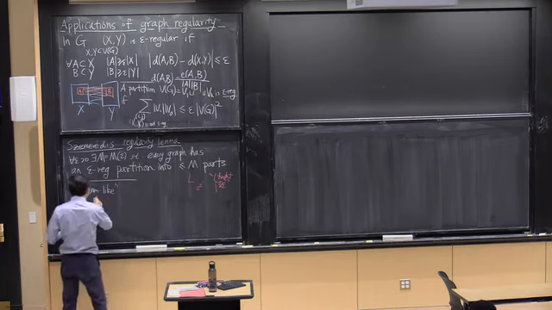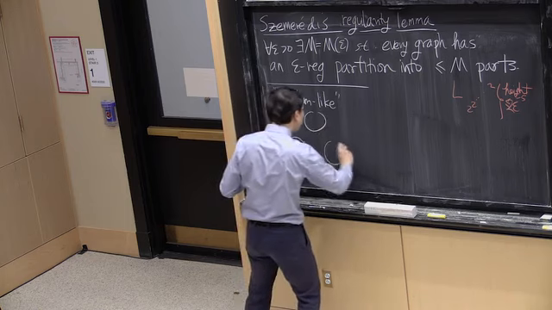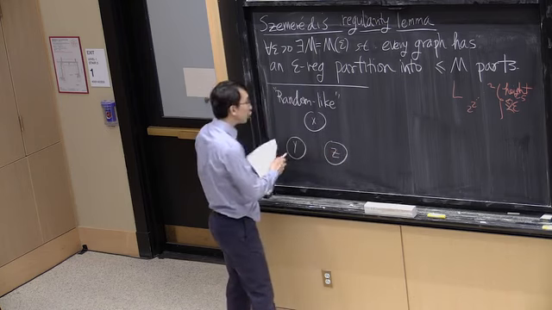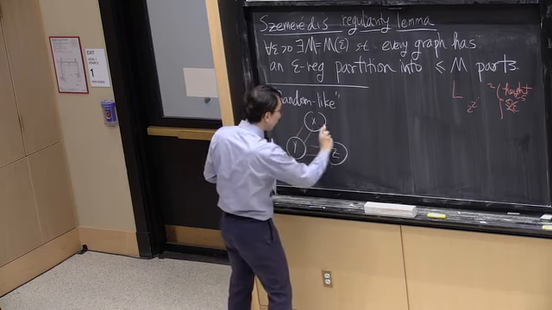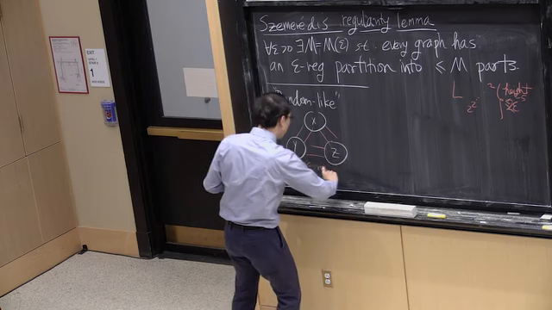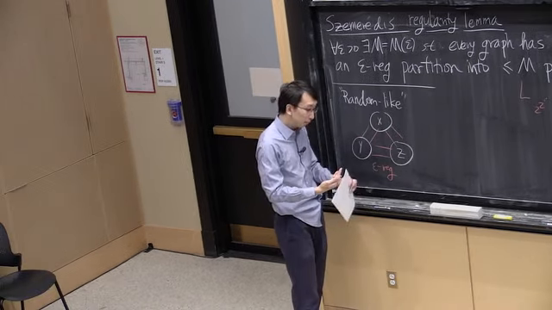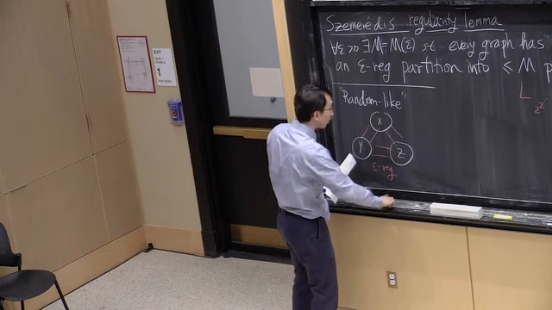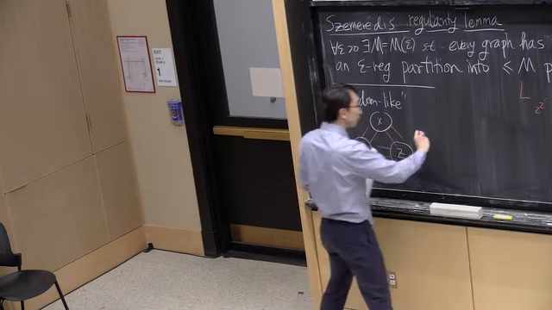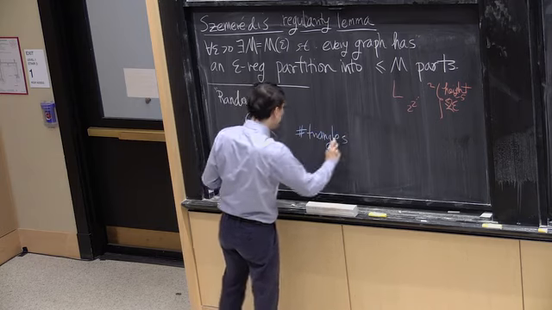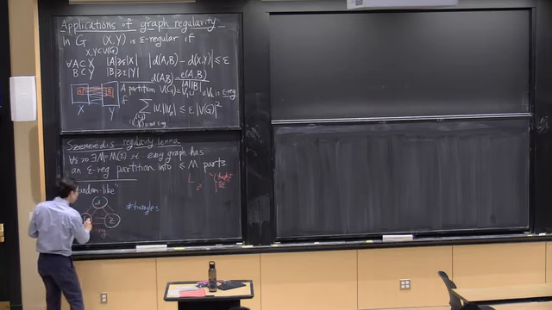In particular, if you have 3 subsets, x, y, and z, and suppose that the 3 pairs are all epsilon regular, then you might be interested in the number of triangles with 1 vertex in each set.